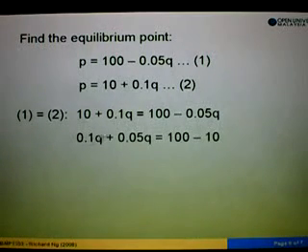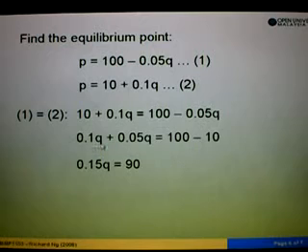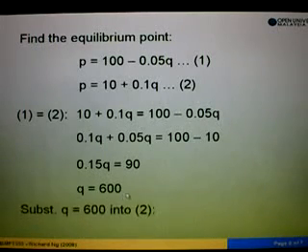We get 0.1Q plus 0.05Q equals 100 minus 10. So 0.1Q plus 0.05Q gives us 0.15Q, and on the right hand side 100 minus 10 equals 90. Therefore Q equals 90 over 0.15. The answer is 600.